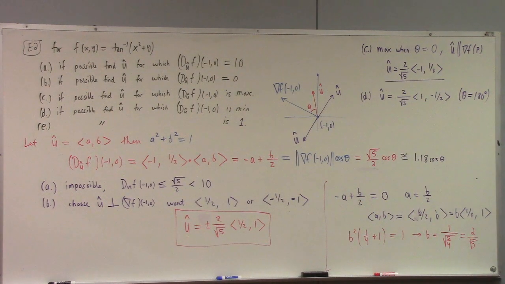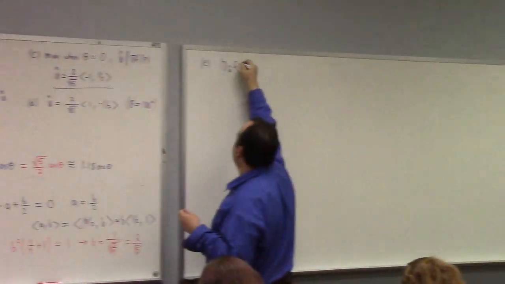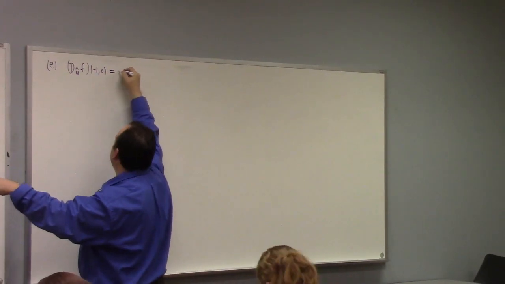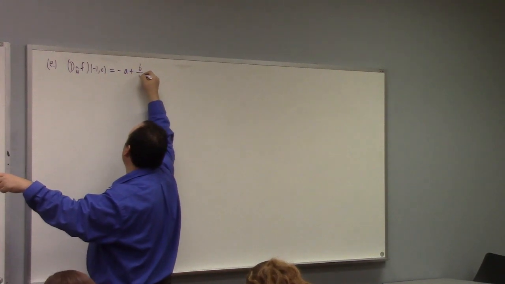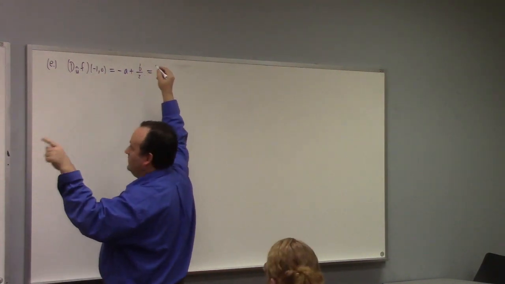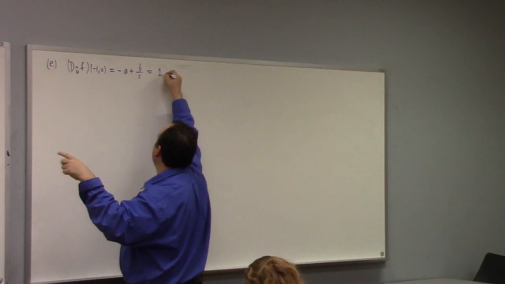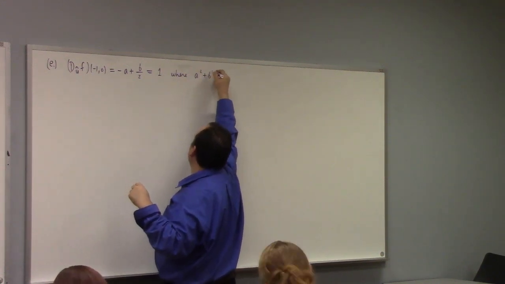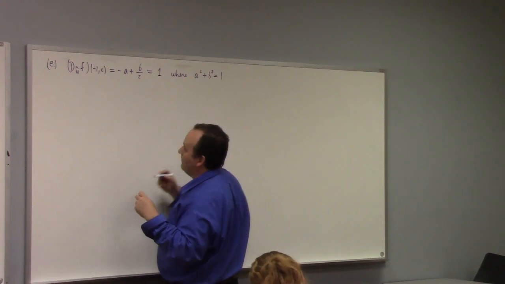So for part E, I'm looking for the directional derivative in the u hat direction of f at the point minus 1, 0, which we worked out to be minus a plus b over 2. I need that to be equal to 1, right? Where a squared plus b squared is equal to 1.